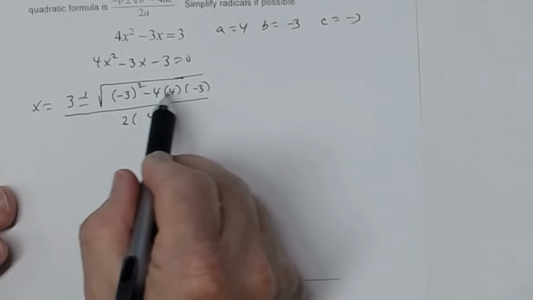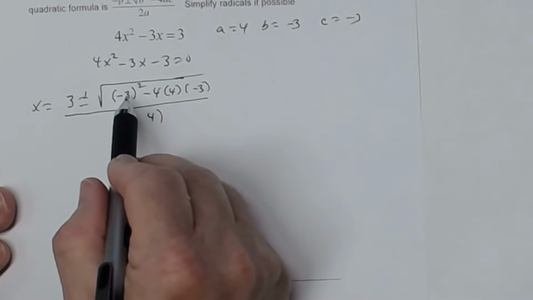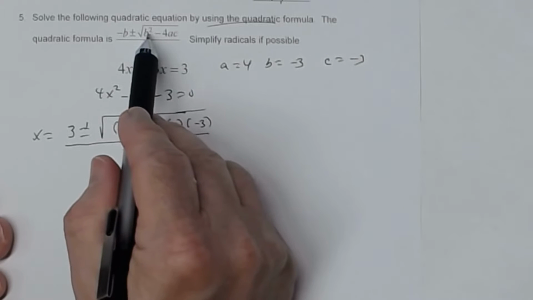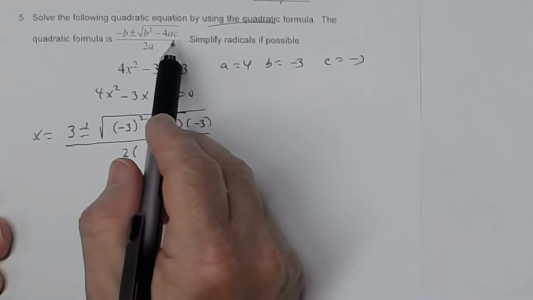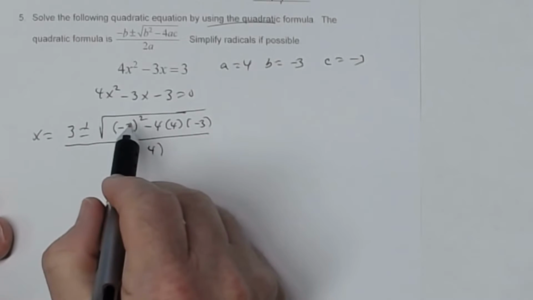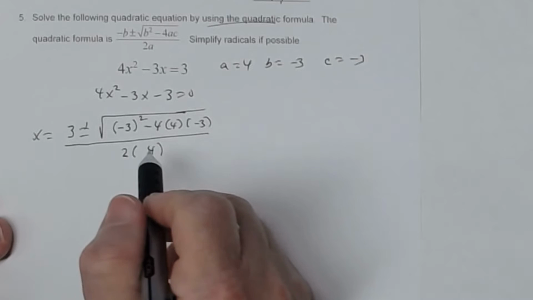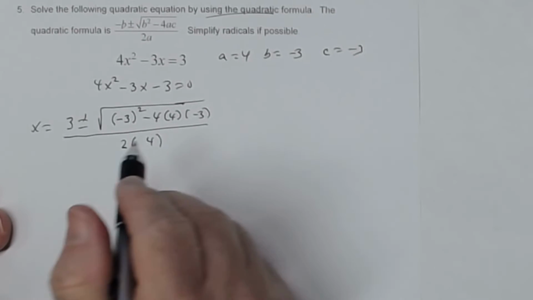All right, now we're going to go ahead and simplify the discriminant. So remember, when you're talking about the quadratic formula, the b squared minus 4ac has a special name, and it's called the discriminant. But in general, for a radical expression, the part that's under the radical symbol is called the radicand. So we're going to go ahead and simplify the radicand.